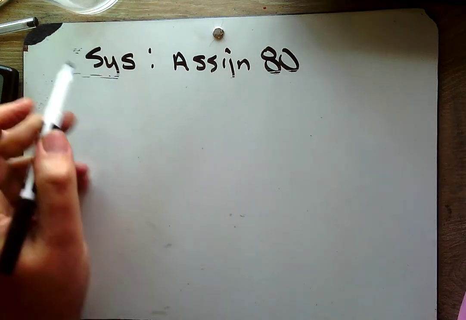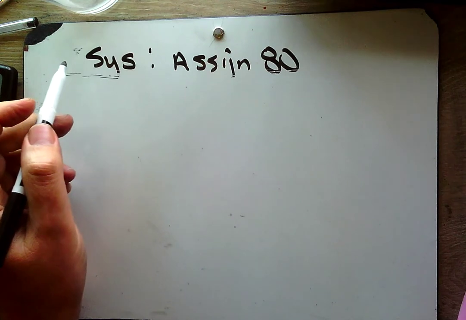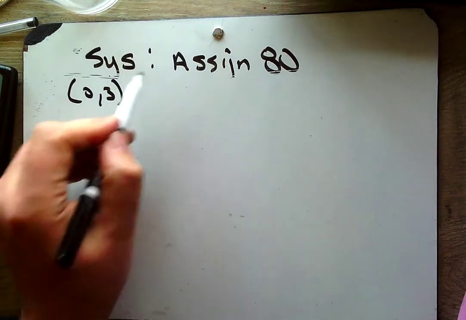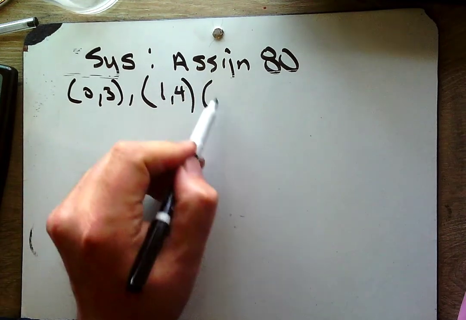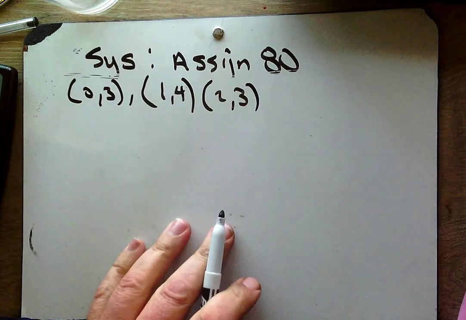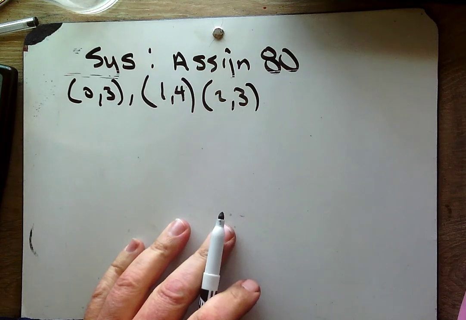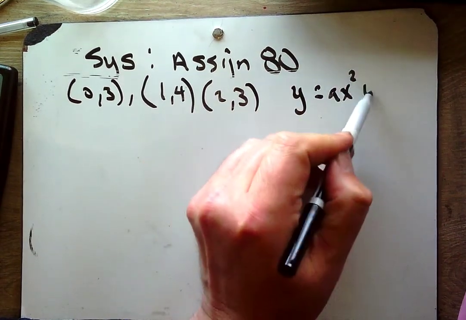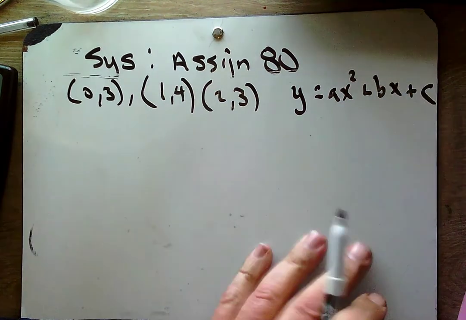Ta-da! So, yours looks like this. Will you please write the equation of the parabola through these points? (0, 3), (1, 4), (2, 3). Okay? Oh, and don't forget to use y equals ax squared plus bx plus c.